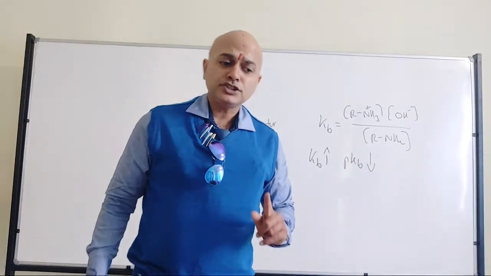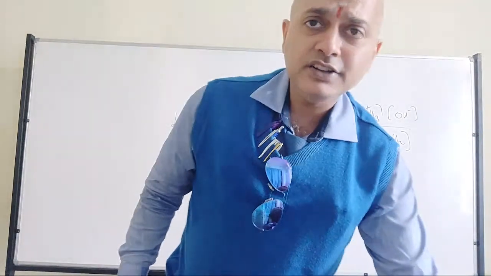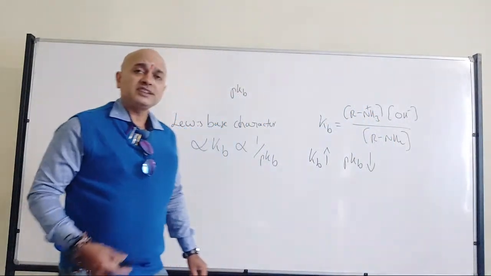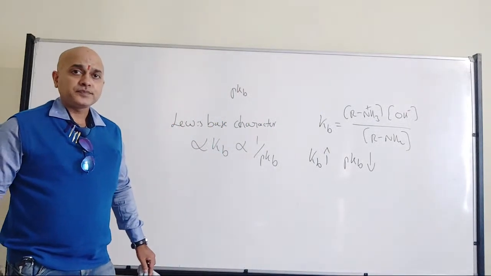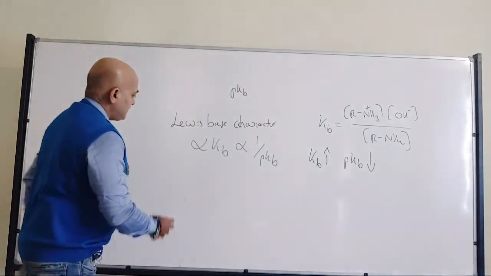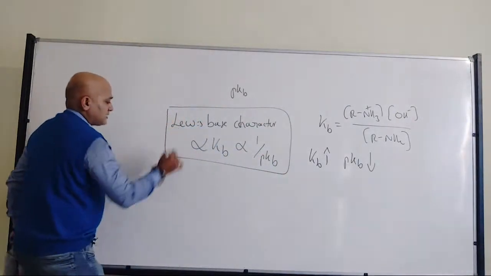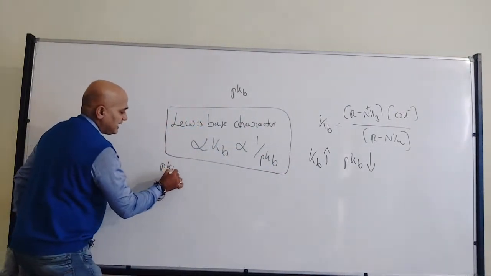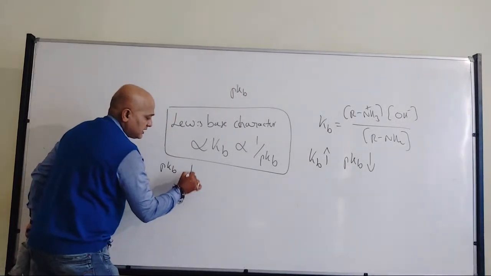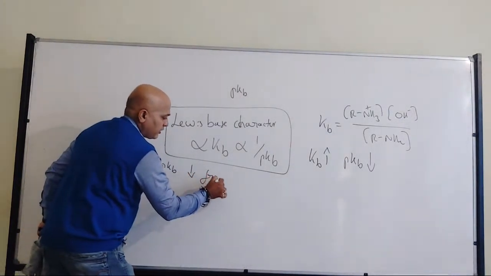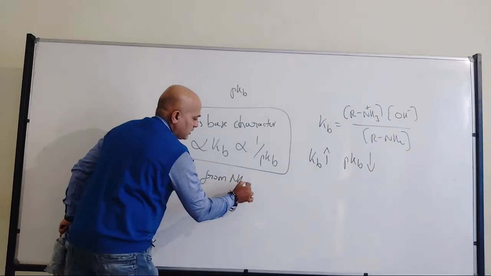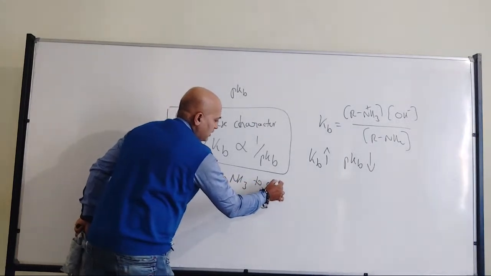All of you have understood? Still having any doubts or confusion? Right? To avoid the confusion, you can write this also. I can tell that pKb decreases from ammonia to amines.